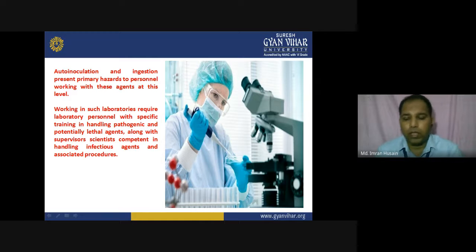So BSL-3 is very much advanced and somewhat complex in comparison to BSL-1 and BSL-2 facilities, and advisors and supervisors are expected to be highly trained individuals, those who supervise other students or research scholars. They are very highly competent in handling dangerous or infectious agents.